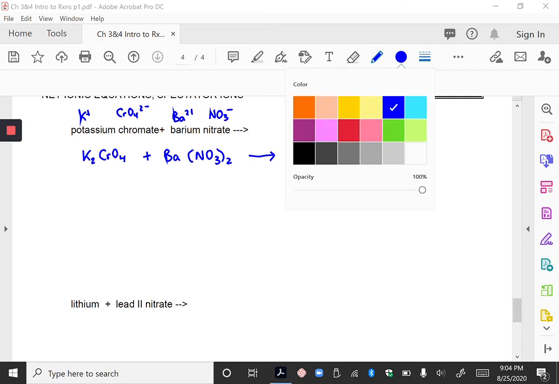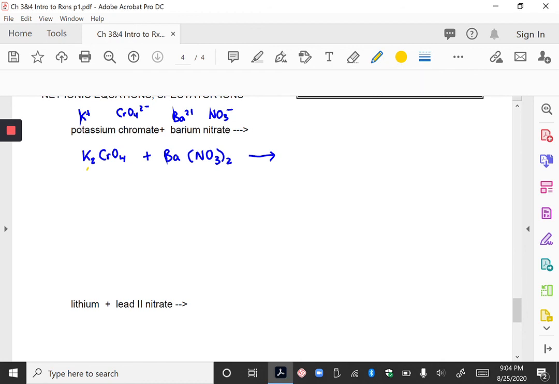Remember when we talked about double replacement reactions, we said you put the two outer ones together and then you put the two middle ones together. So let's start with the two outer ones together. We have potassium ion we're going to put together with nitrate ion. And so that's going to be K plus and NO3 minus to make KNO3.